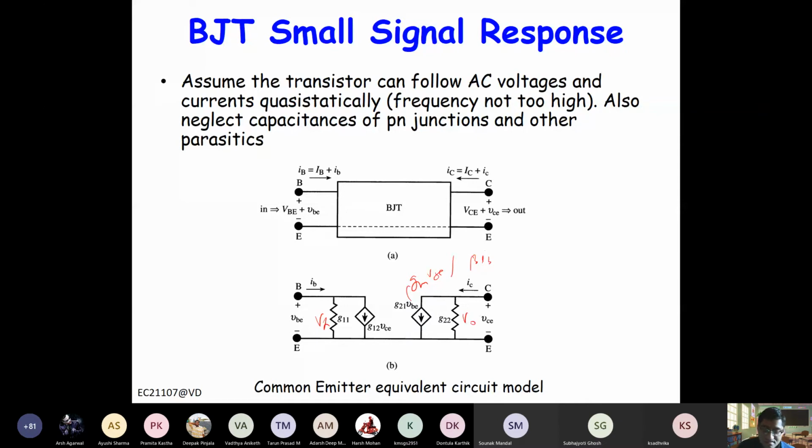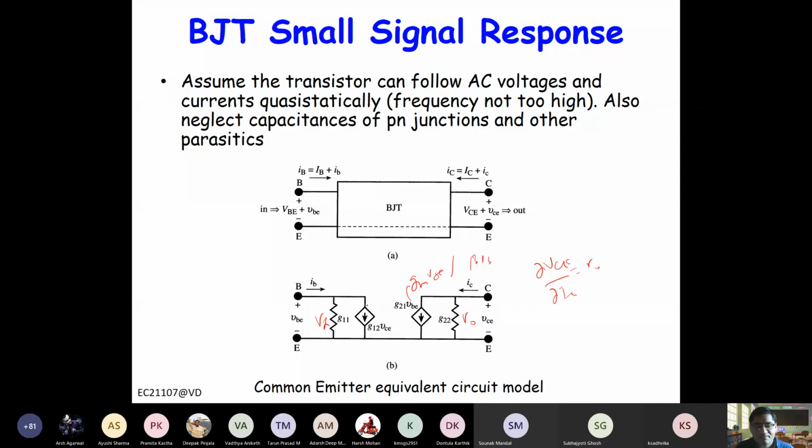And how do we define these parameters? R pi is VBE by IB, right? R out is VCE by IC, right? I mean in small terms, or you can write dVCE by dIC, right? Is your R naught.